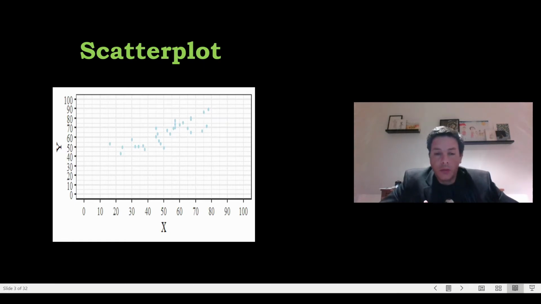It could be two different variables measured in a group of people, or it could be two groups of people, but those two groups are associated.